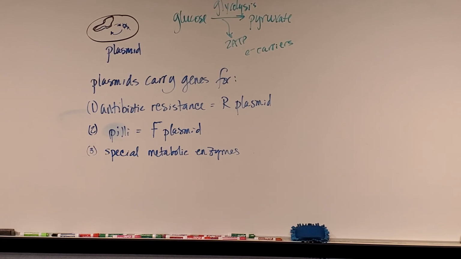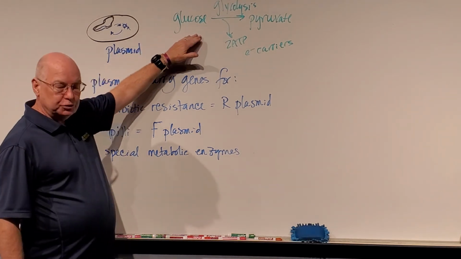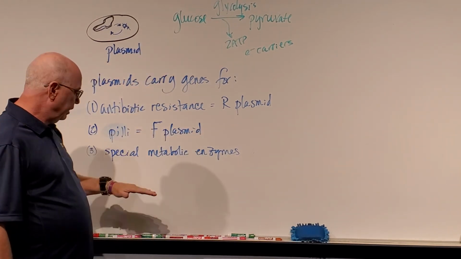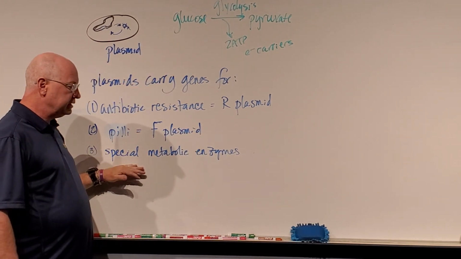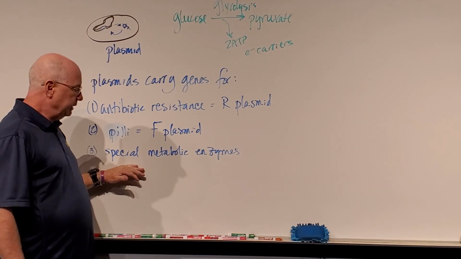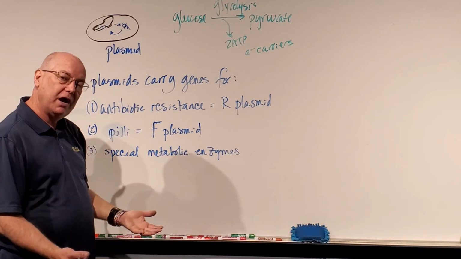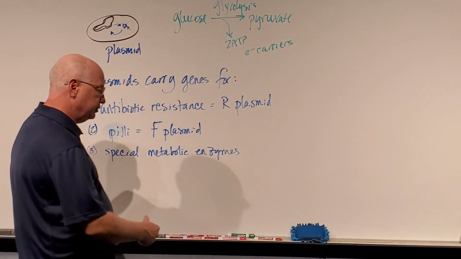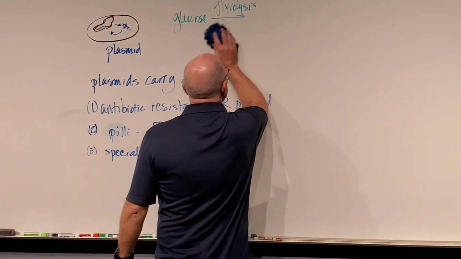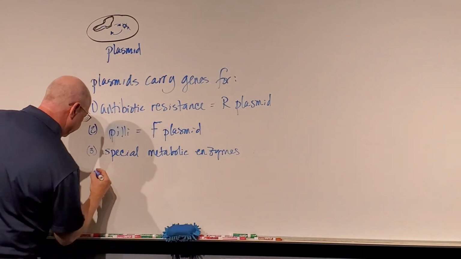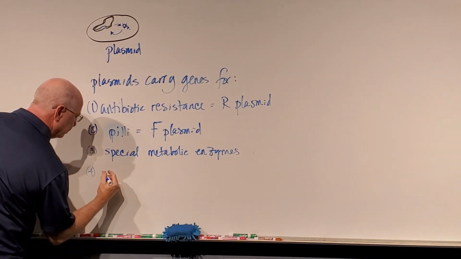Like if a bacterium doesn't have glucose present but does have lactose, if it has a plasmid that has the enzyme to break down lactose, then it can insert it, break down the lactose, and survive even in the absence of glucose. Okay? And then finally, some bacteria carry plasmids for toxins.